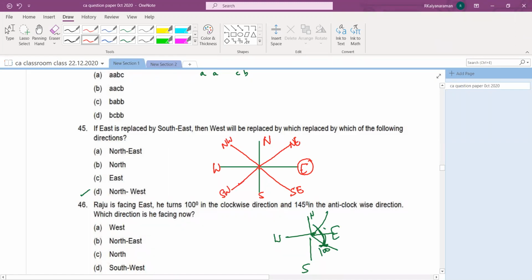So obviously when I say southeast, that means this is rotated here. So this will go 45 degrees here, this will come 45 degrees here, and northwest will come to west. Got it? Now 45 is clear.